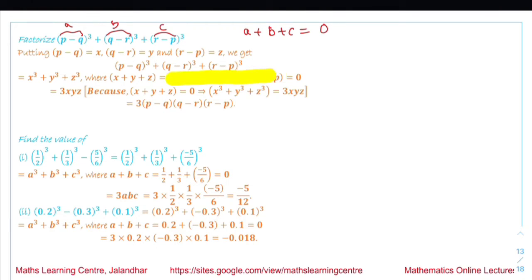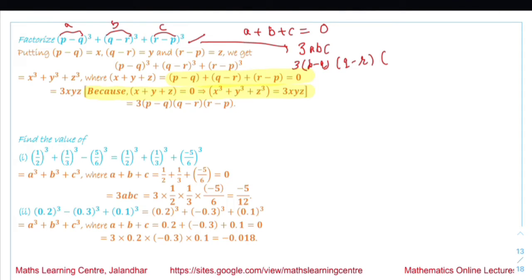When you calculate A plus B plus C, the answer is 0, and because x plus y plus z equal to 0 implies x cube plus y cube plus z cube is equal to 3xyz, if we add these terms, the answer will be 3 times A, B, C. The value of A is P minus Q, the value of B is Q minus R, and the value of C is R minus P. So this is our final answer in this case.